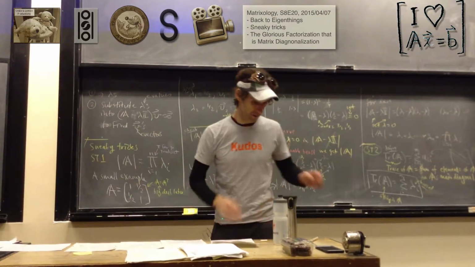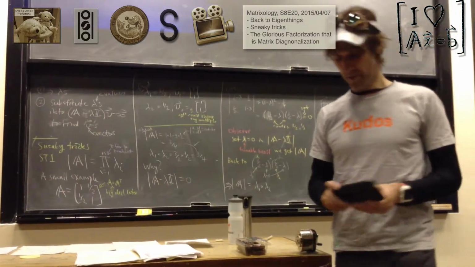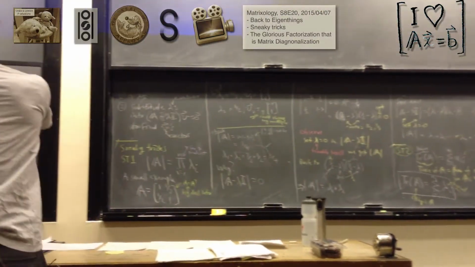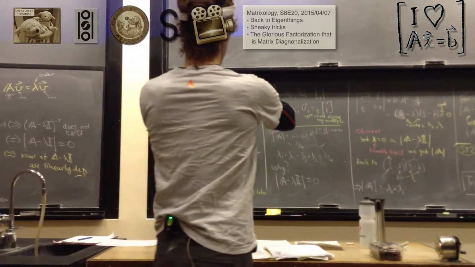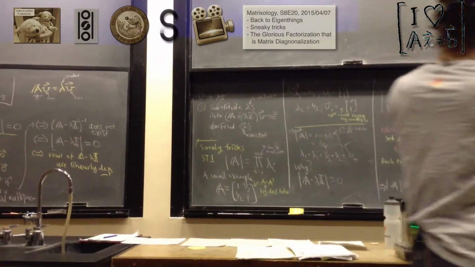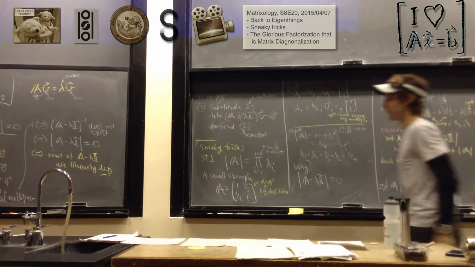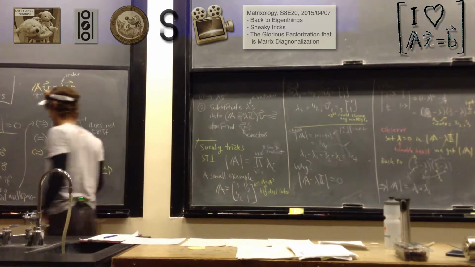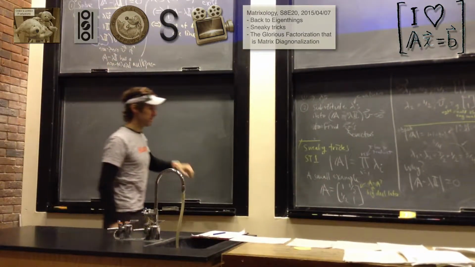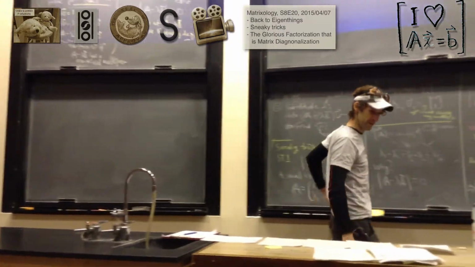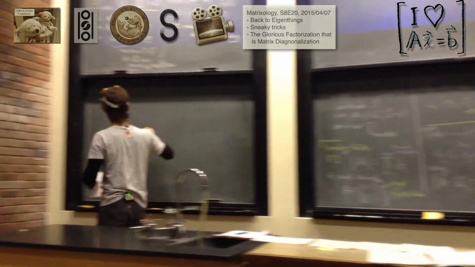So let's look at it. We'll look at our example, and I'll give you a rough kind of story for what happens in general. Okay, so what's going on in our example?